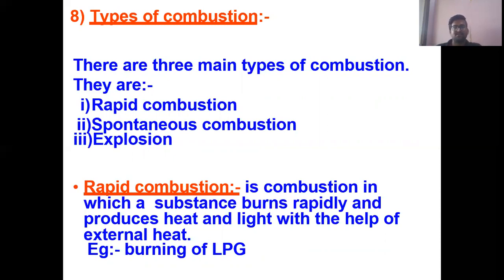Rapid combustion is combustion in which a substance burns rapidly and produces heat and light with the help of external heat, because it requires ignition temperature. So the substances which catch fire rapidly and burn rapidly give rapid combustion.